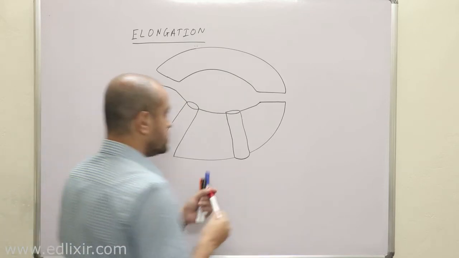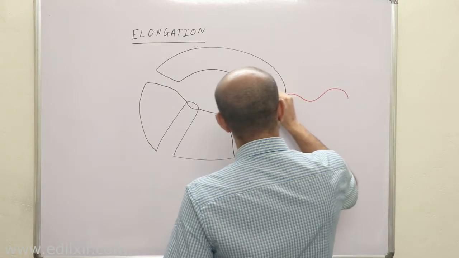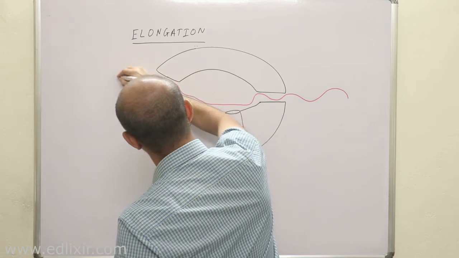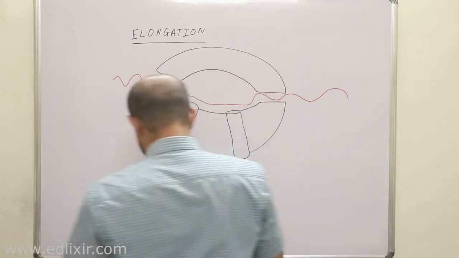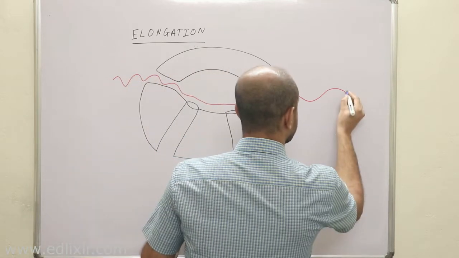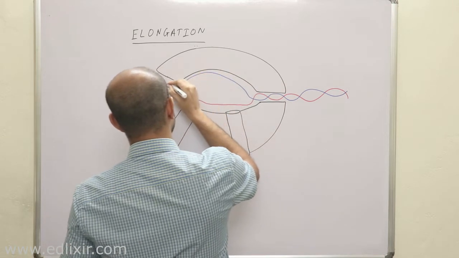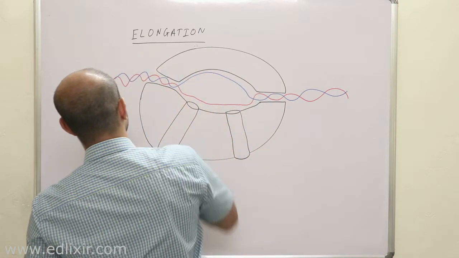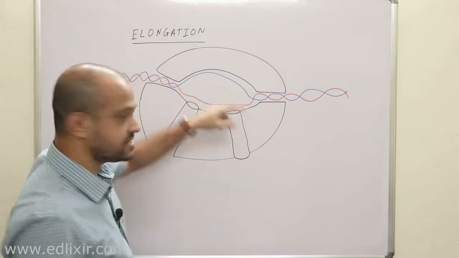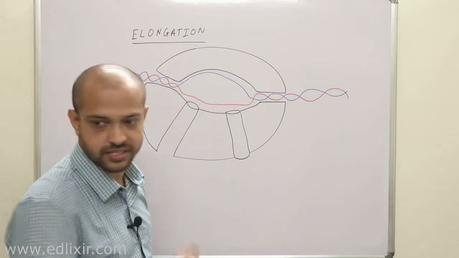Now listen, suppose this red strand is the template strand, okay, and this blue strand is the non-template strand. Clear?